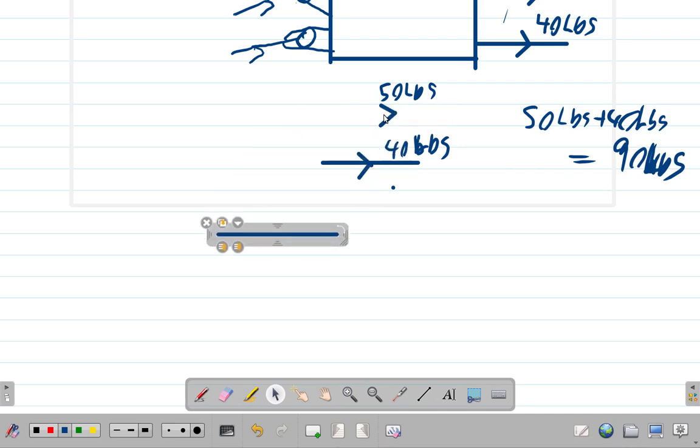This is your 50-pound vector. What you must do now is add the 40 pounds to it by drawing them following each other. You see that?